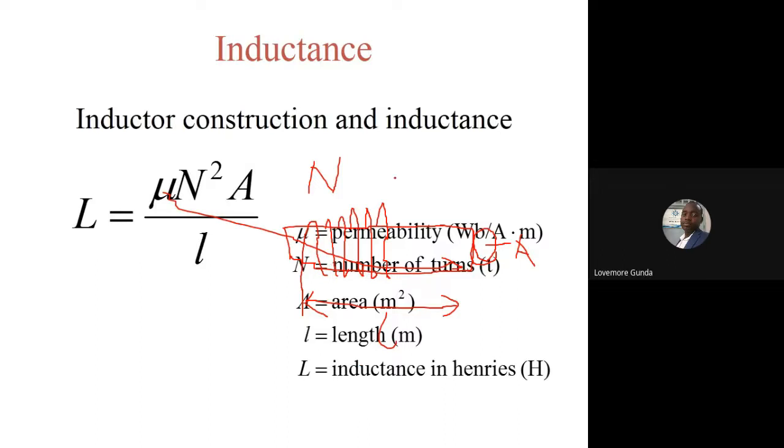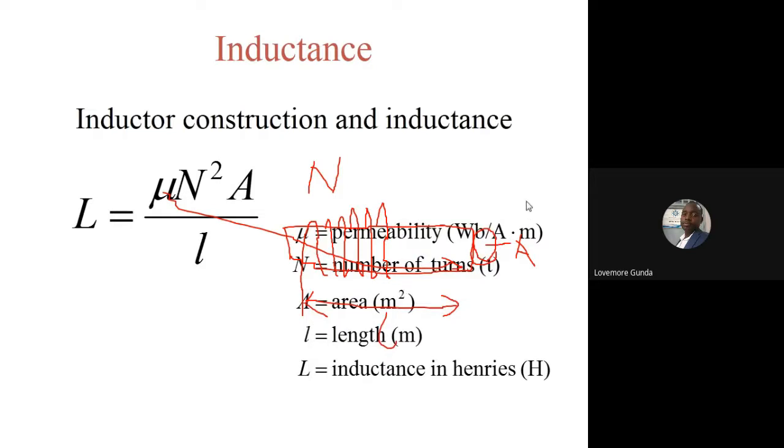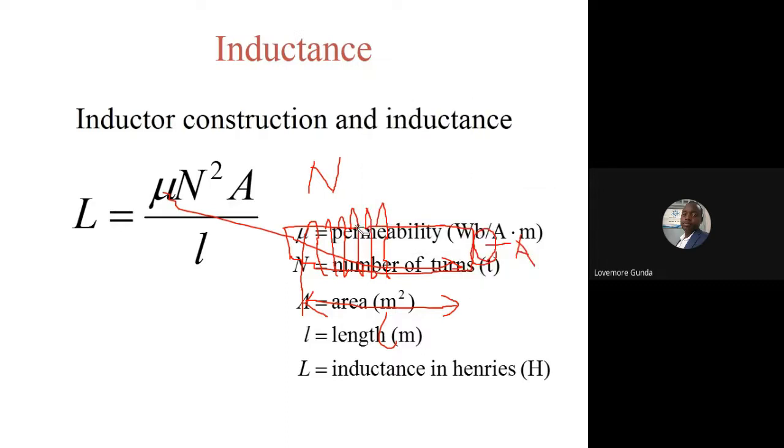Mu is permeability in webers per ampere-meter, N is the number of turns with no units, A is the cross-sectional area in square meters, l is the length in meters, and inductance L is measured in henries.